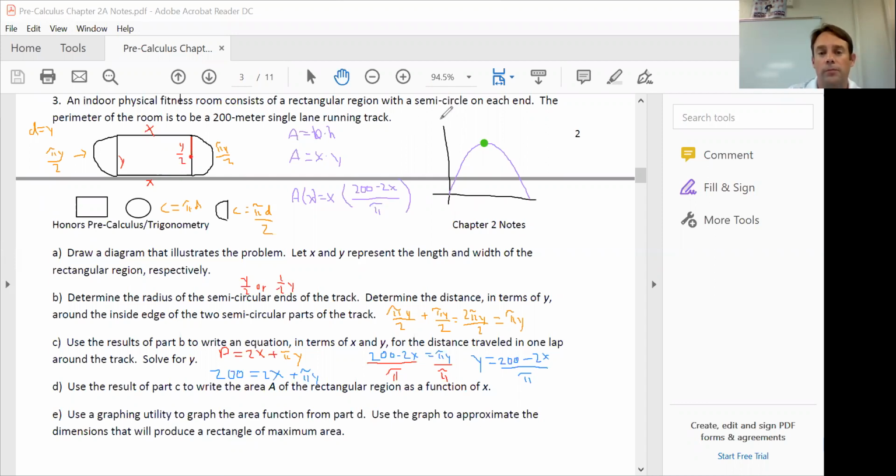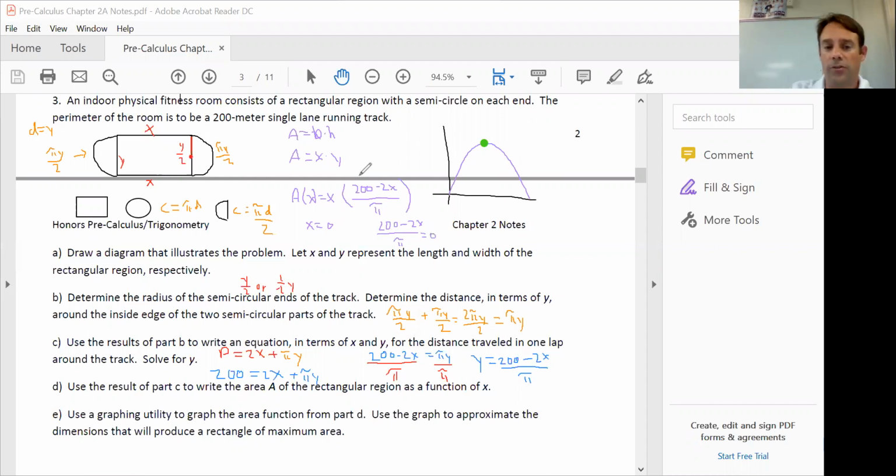Well, good news. We have a way to do that without using our calculators, because I know that my vertex is going to be located halfway between my x-intercepts. So what we have to do then, friends, is figure out what my x-intercepts are.